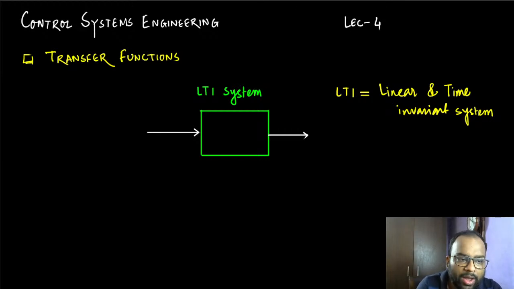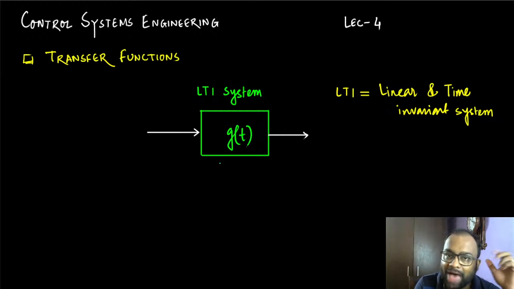For the moment, we are going to assume that it's a time invariant system and it has an impulse response of, let's call it g(t). So g(t) is the impulse response of the time invariant system. If you have followed along in our signals and systems classes, then you know very well that for a linear and time invariant system, in short, an LTI system, having the knowledge of the impulse response of the system is equivalent to having the physical system present with you, mathematically speaking.